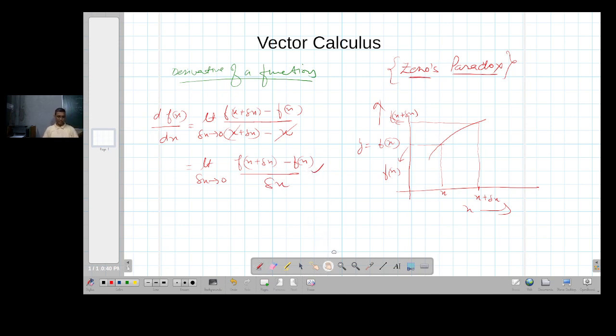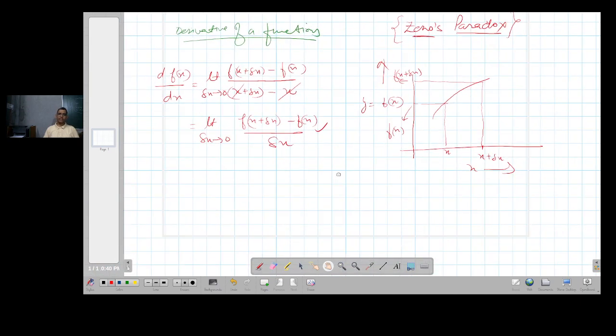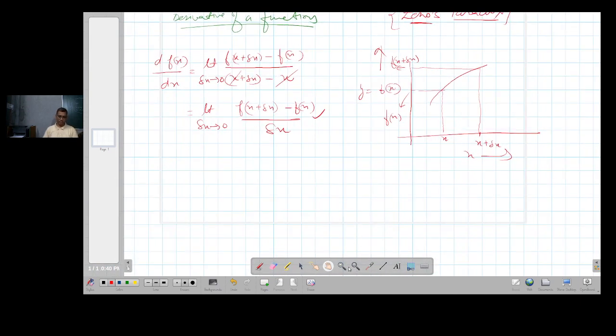Right? So similarly, as I talked about the derivative of a function, I will talk about the derivative of a vector quantity. So now there is a vector quantity. Say initially a particle is located at the position r. Now after some time the particle will be here.